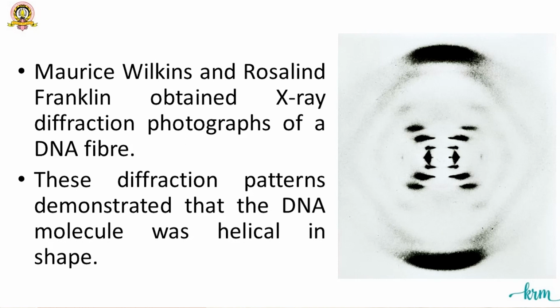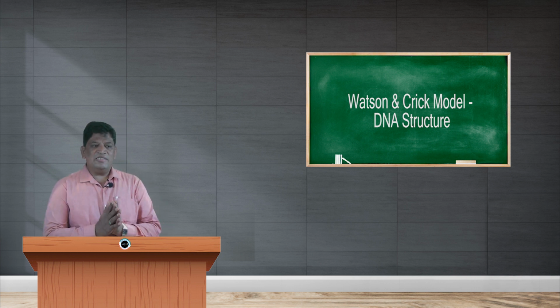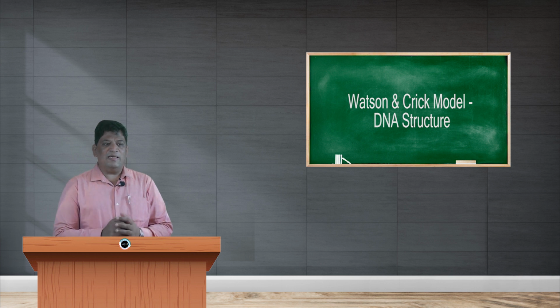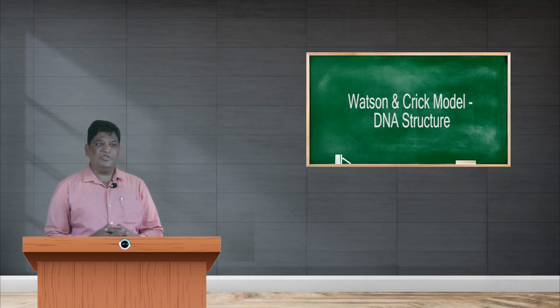Different types of DNA fibers were recorded and photographed. The diffraction patterns demonstrated that DNA molecules have a helical shape. James Watson and Francis Crick inferred the characteristics of the DNA structure from these patterns in 1953, which is now widely accepted as the structure of DNA.